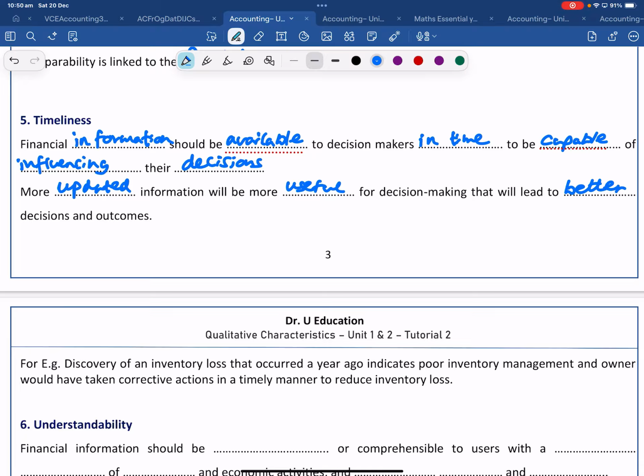What do you mean by in time? Without being late. What's the difference between in time and on time? On time, you have to be there by a certain point, on the dot.